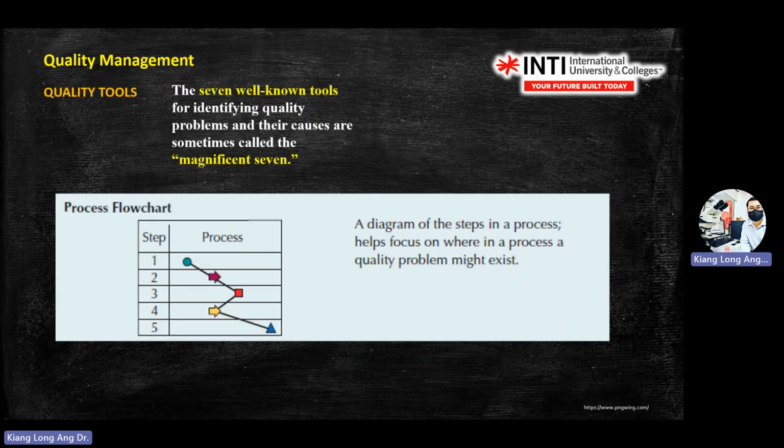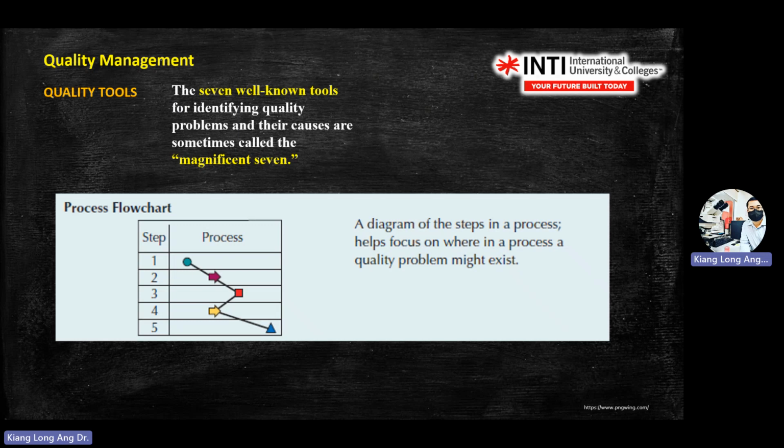Okay. So we start to introduce a few tools that we'll be using for analysis of quality. We have 7 tools, and we will pick 1 or 2 as your final exam question. So what are the 7?